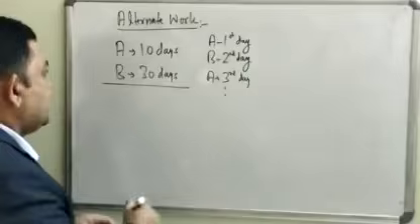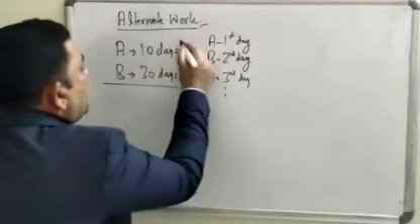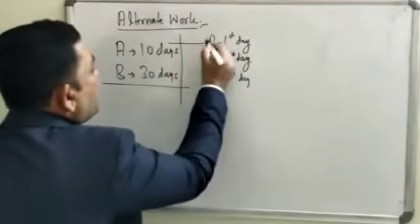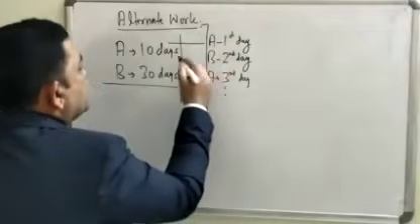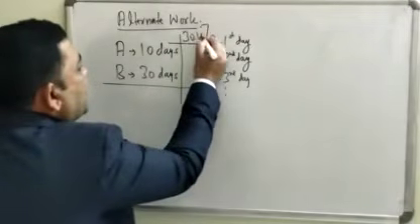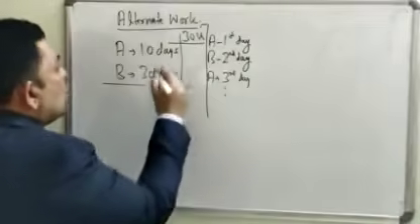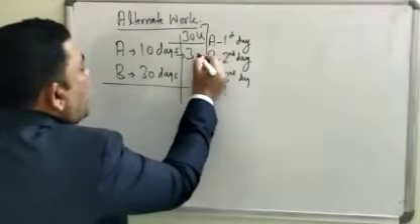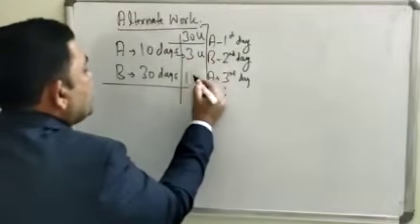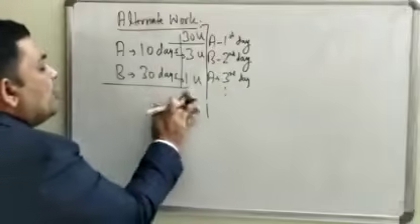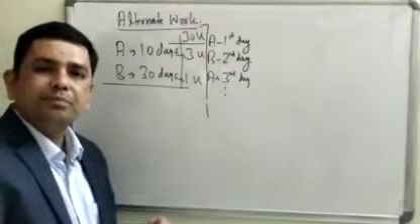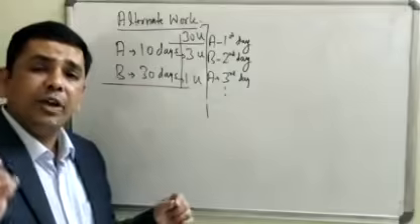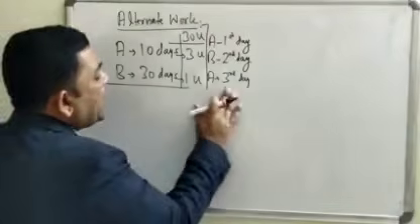How will we do this? We will do it the same way that we have been attempting questions so far. We will take this as 30 units. So the efficiency of A will be 3 units. The efficiency of B will be 1 unit. What have we been saying so far?